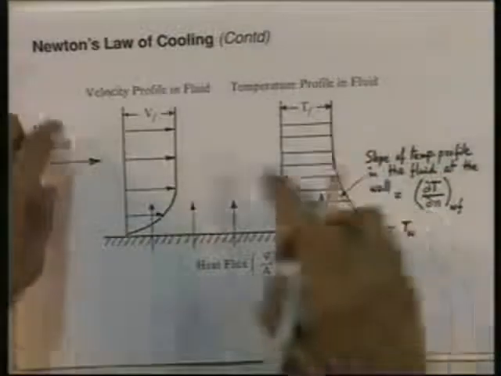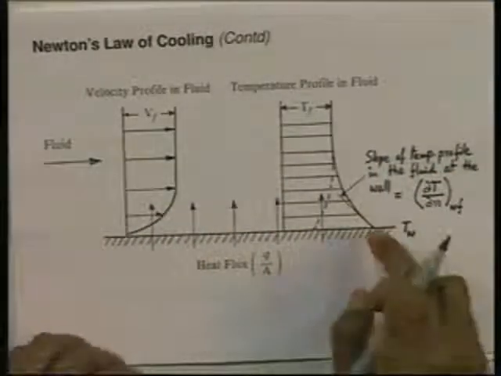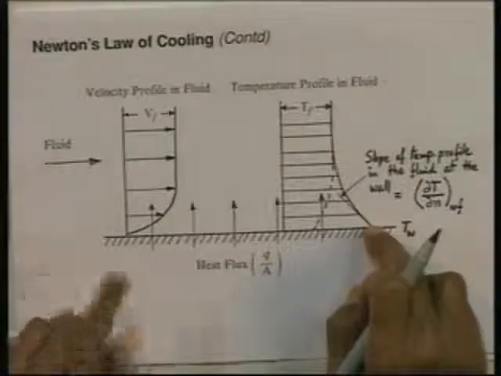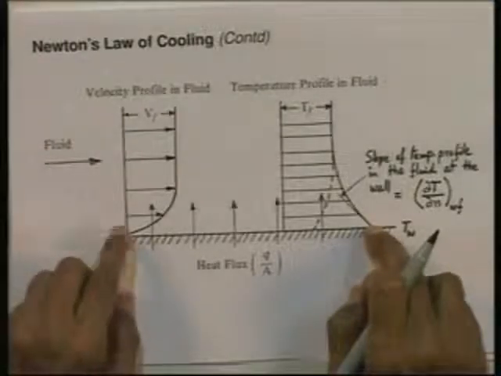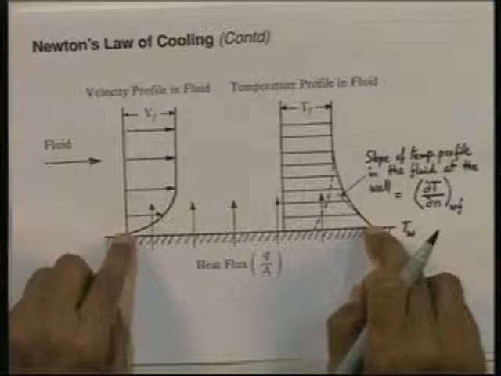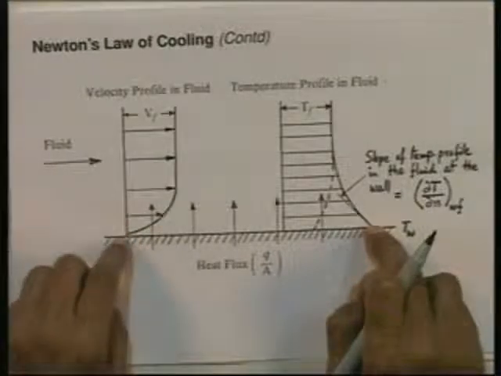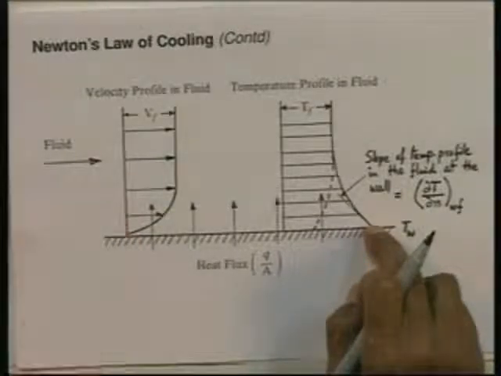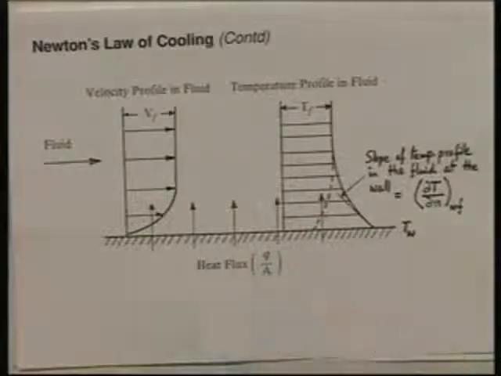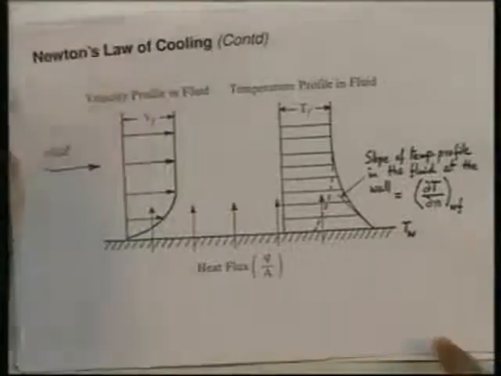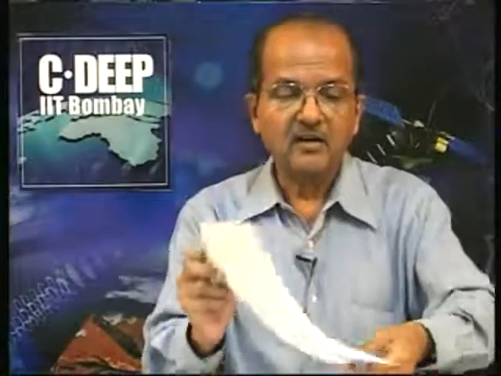Now, given this situation, notice right at the wall the fluid is stationary. So, right at the wall pure conduction is taking place in the fluid because the fluid is stationary. Therefore, this gives us a means for stating Newton's law of cooling in another manner at the wall.